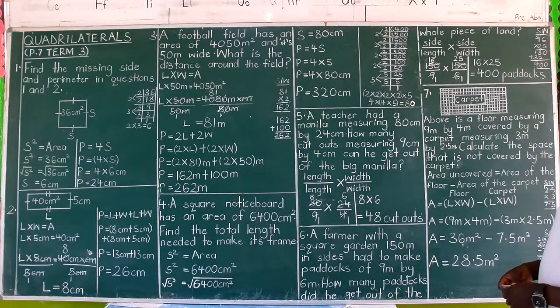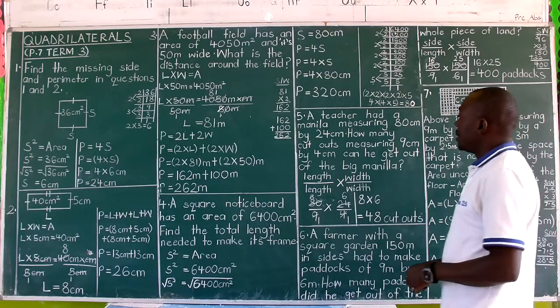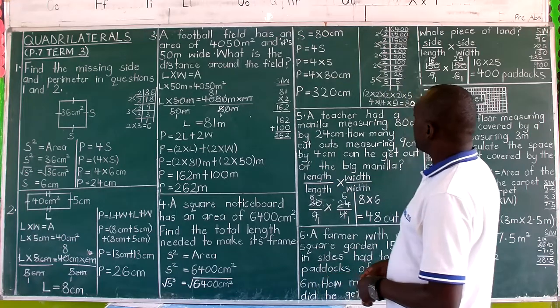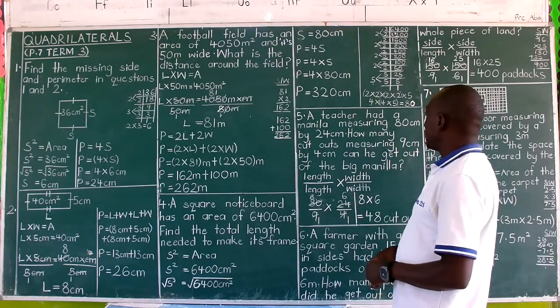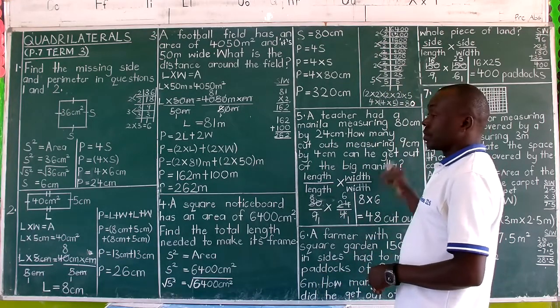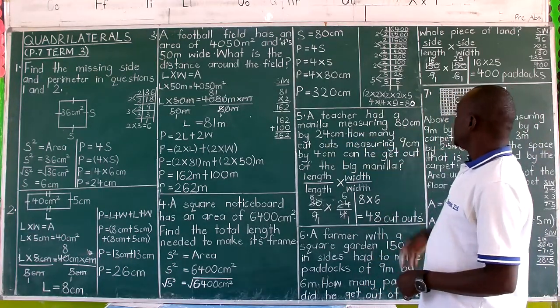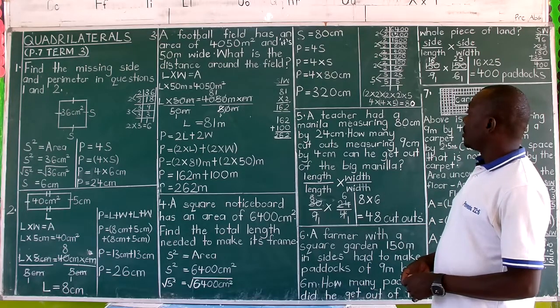Let's look at example number 5. A teacher had a mirror card measuring 80 centimeters by 24 centimeters, meaning this card is like a rectangle, so it's rectangular. The length, of course, is longer than the width.